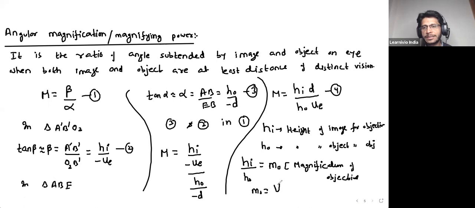So I can write this as V naught by minus U naught. I'm using the lens formula derivation we did in lenses. I call this equation number 5.